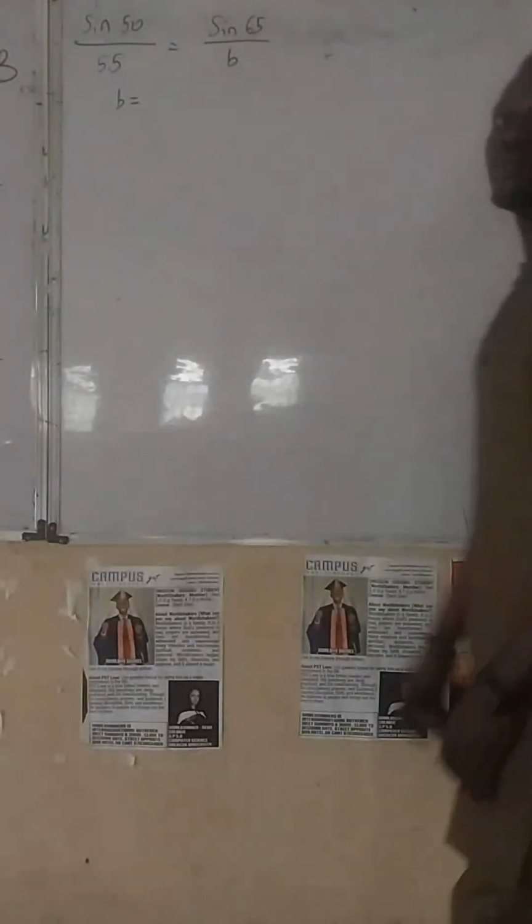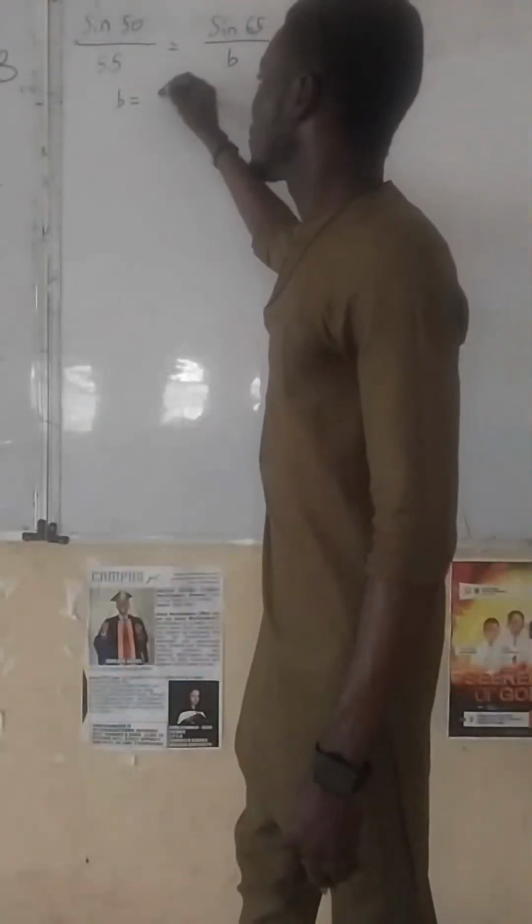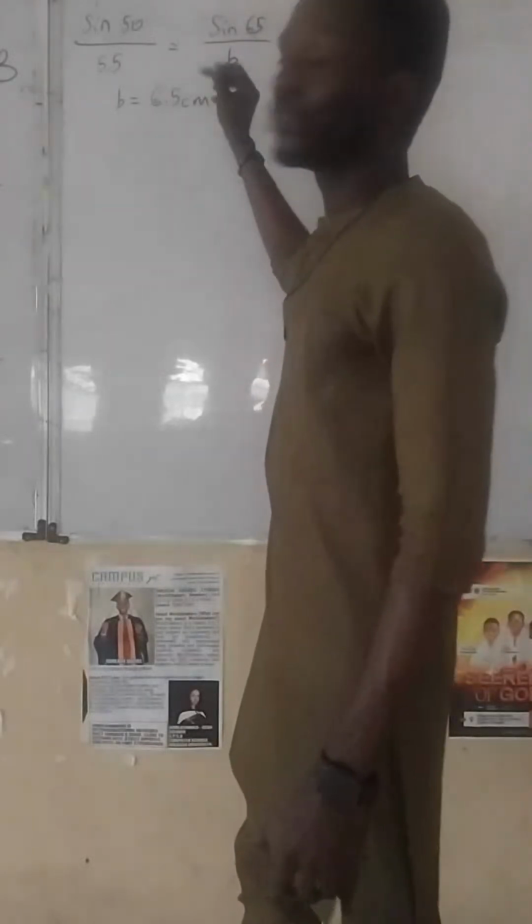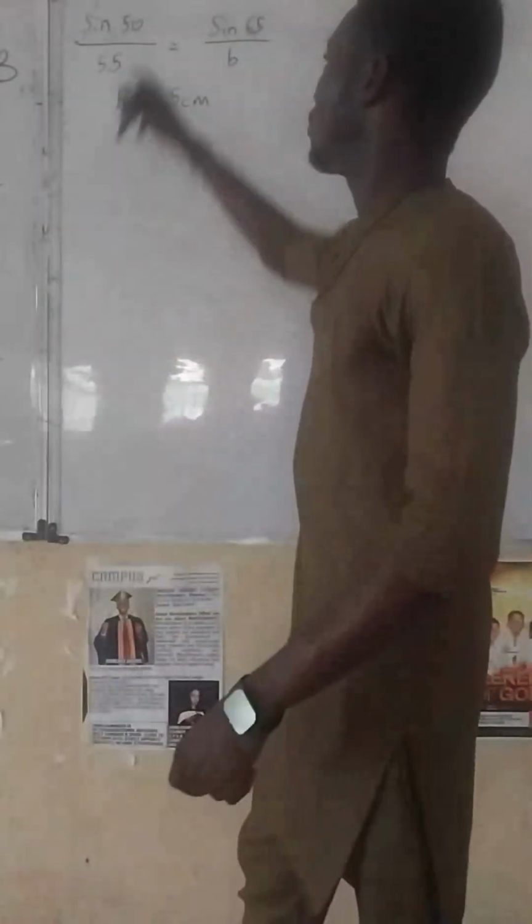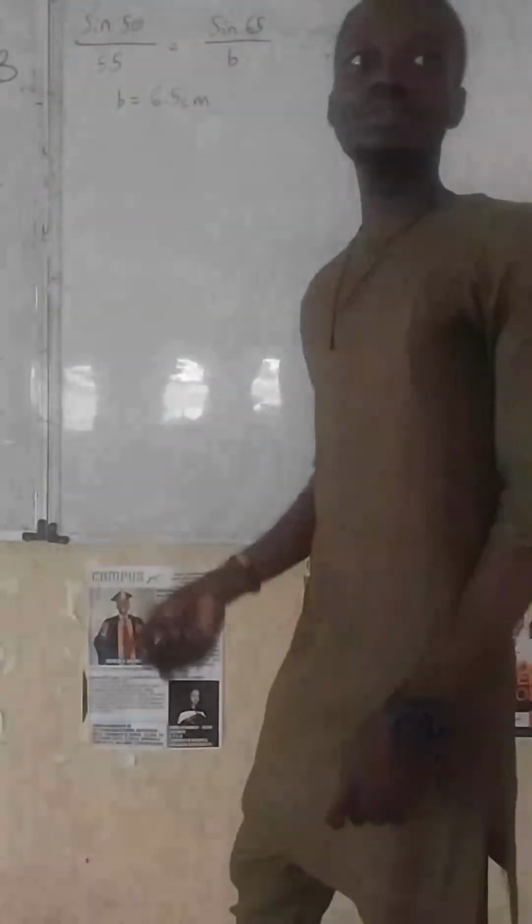So from your calculator, from your workings, what's the value for b? We are doing it together, so it will be fast. What's b? 6.5. Okay. You can go to your calculator, multiply this one, then divide it by this one. You get your b. You get it faster.